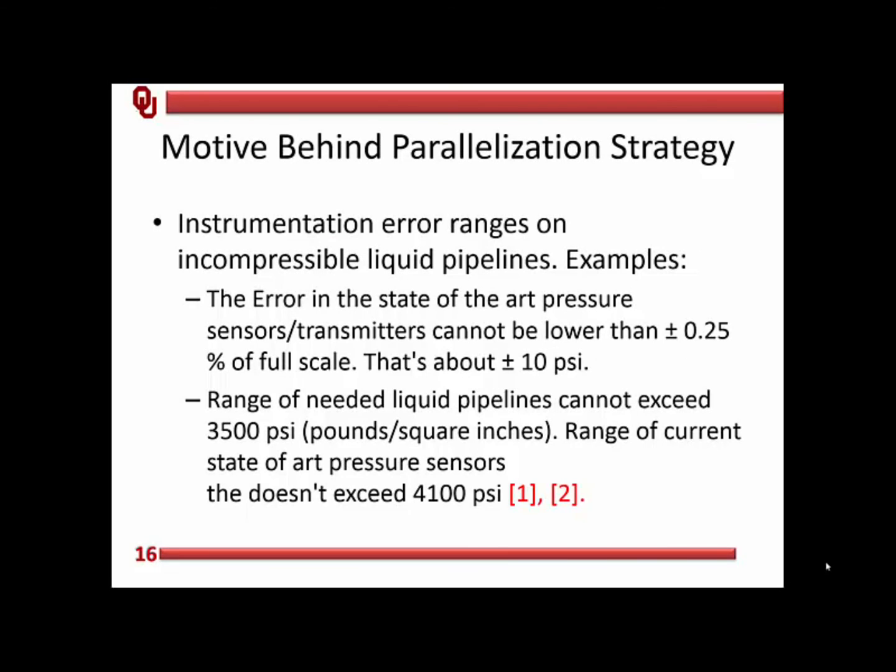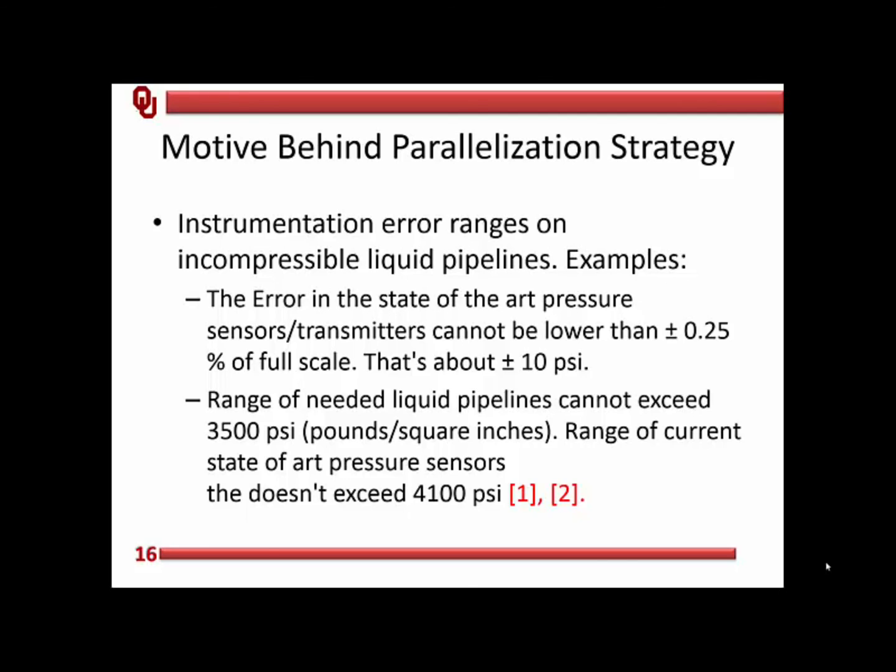What is the motive behind this parallelization strategy? One, instrumentation error ranges on incompressible liquid pipelines are not that impressive. For example, the error in state-of-the-art pressure sensors and transmitters cannot be lower than 25 per 10,000 of full scale.